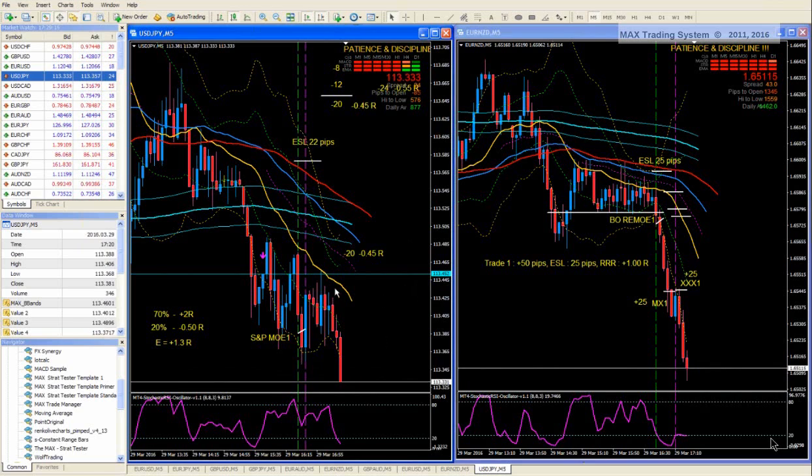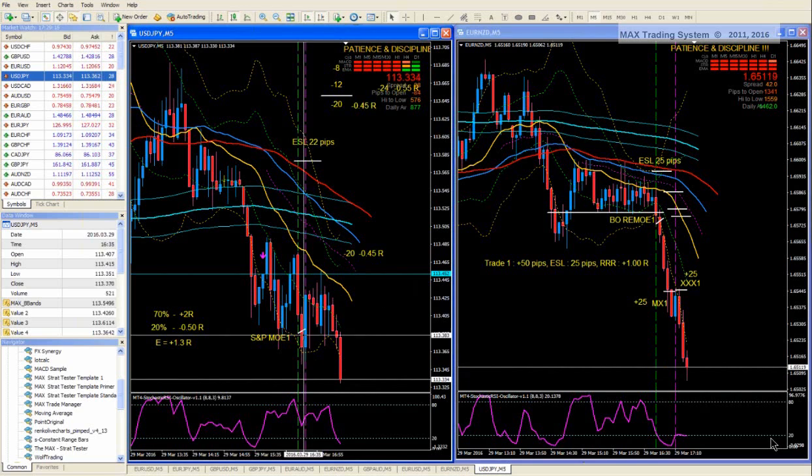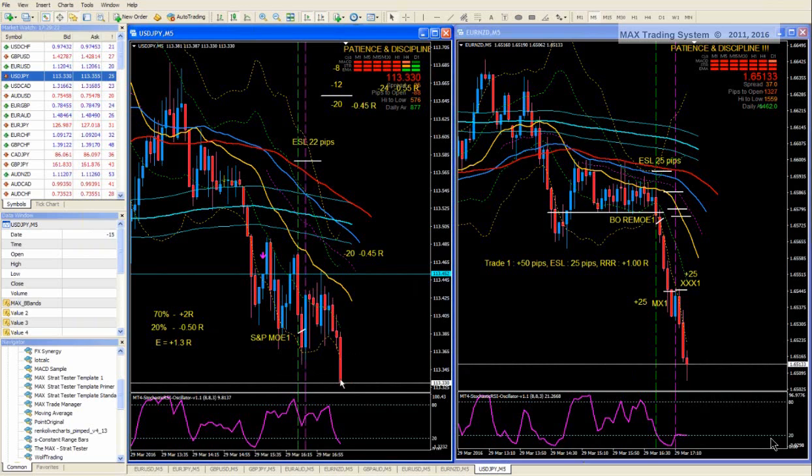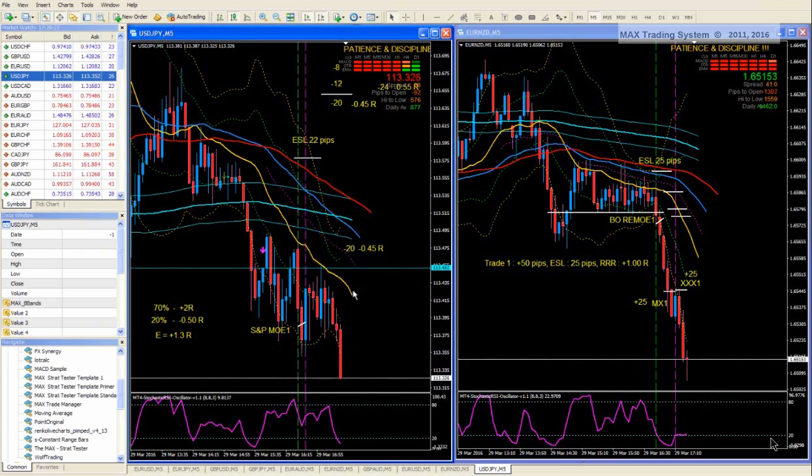And you see, with patience, the price seems now to move in our favor on the USD yen too, making our invalidation area even lower. Okay?